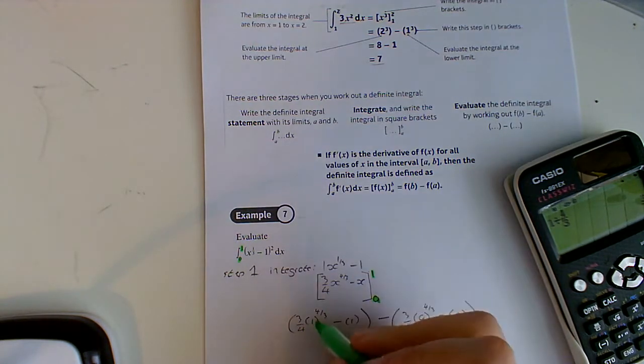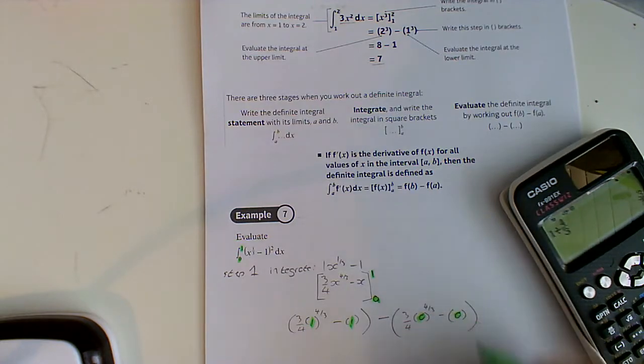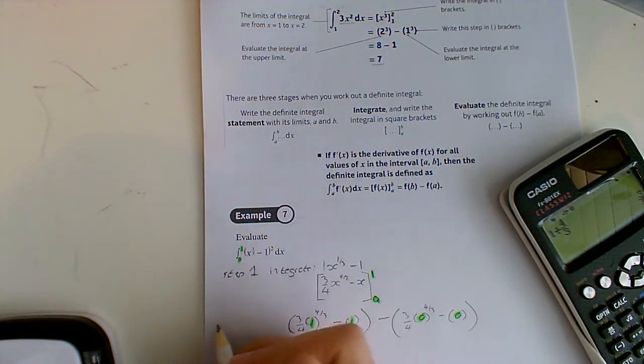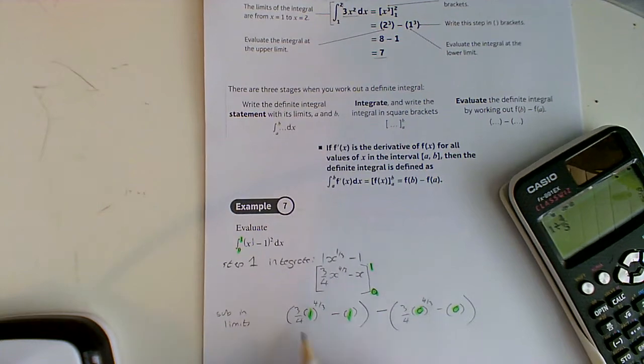You've subbed in your 1 there and there, and you've subbed in your 0 there and there. Okay, and those things have been subbed into this. Okay, so step 1, you integrate. Step 2, sub in your limits. And step 3 is effectively just solve and subtract. So figure this thing out, figure this thing out.